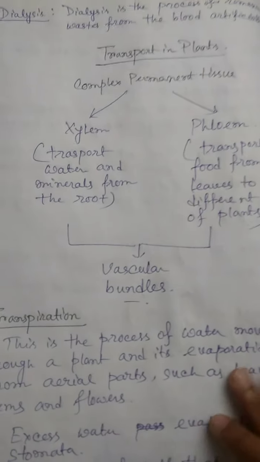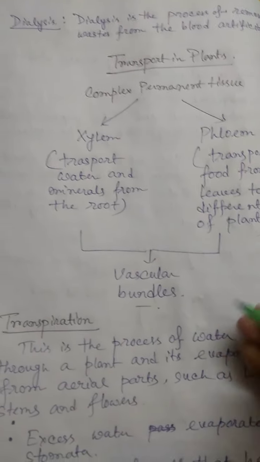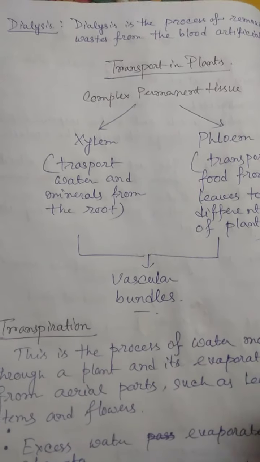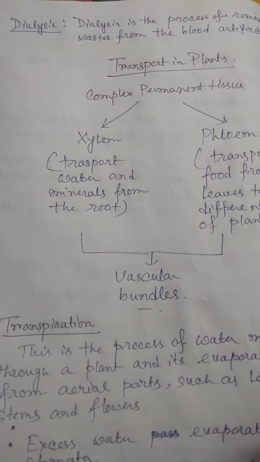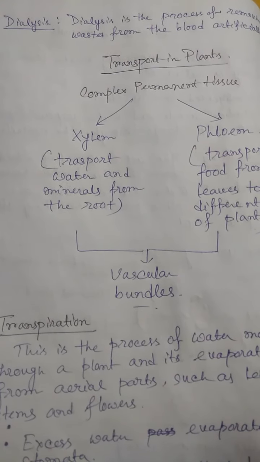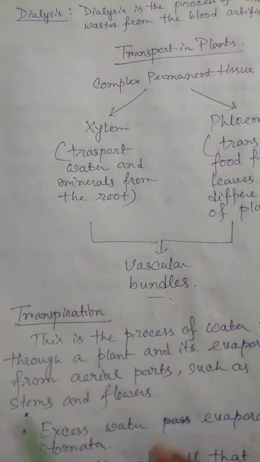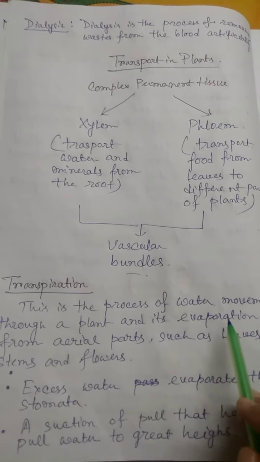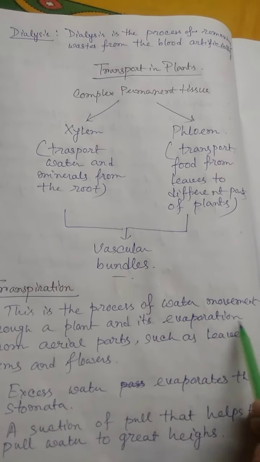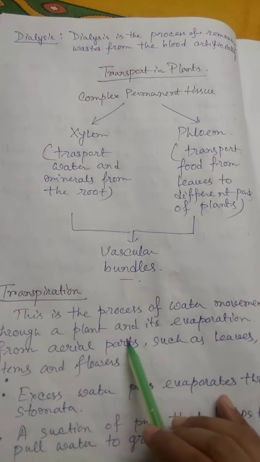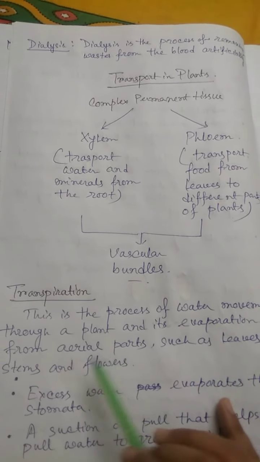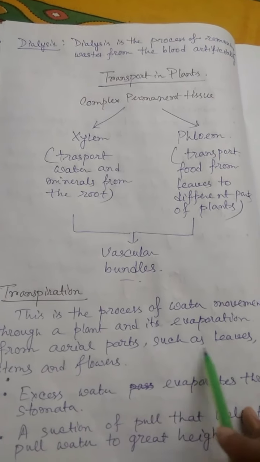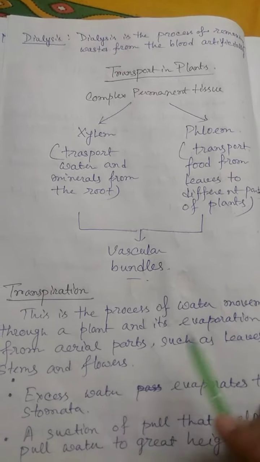Now, related to the water, there is a thing that we all know. In class 6 we have read about this term, transpiration. This is the process of water movement through a plant and its evaporation from aerial parts such as leaves, stems and flowers.